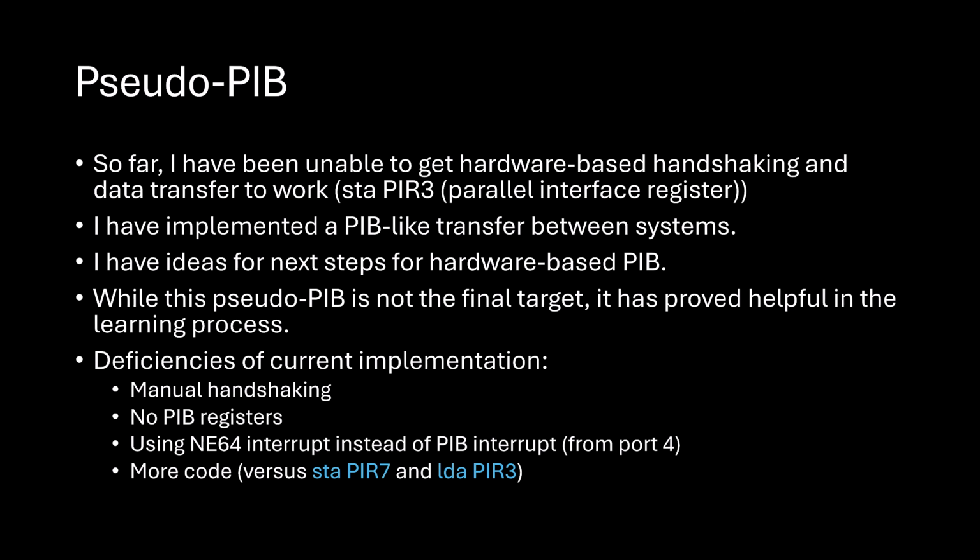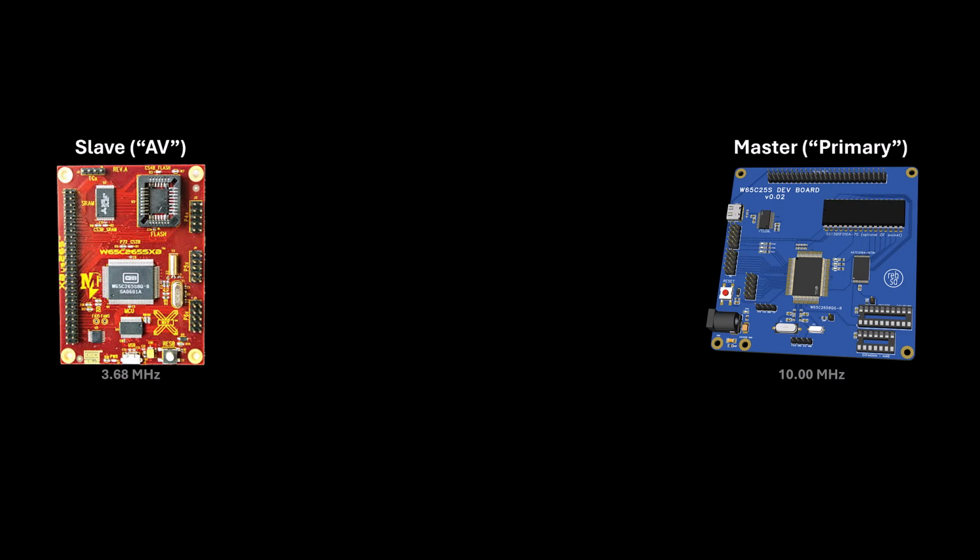But just today, I found information that said, oh no, you need to send on PIR7, and PIR3 is for receiving. So that's something I have to test later. Like I said, I wanted to finish this Pseudo-PIB before I gut things and go back and try that. So here's a picture of what I am working with.